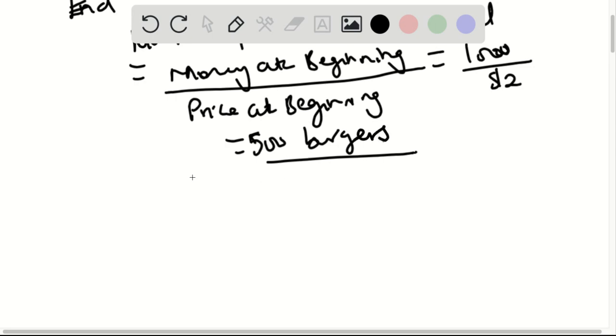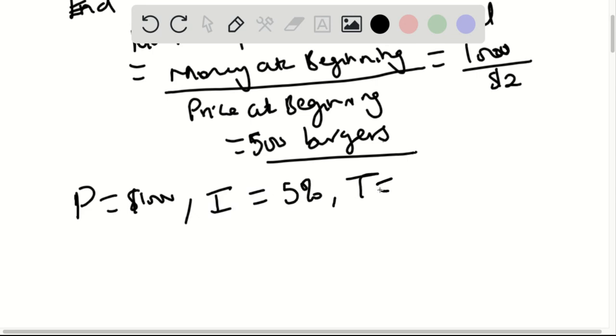Now moving on, the interest earned on lending $1,000. To solve it, we first need to know the principal. So the principal is $1,000. The interest rate is 5%, right? And the time is a year from the question.